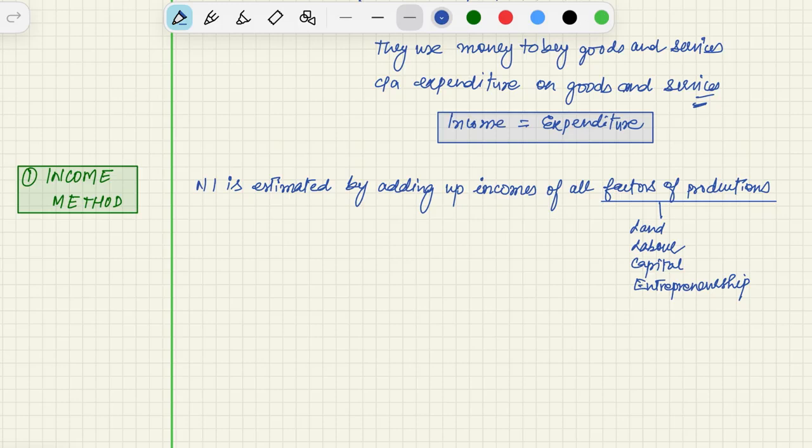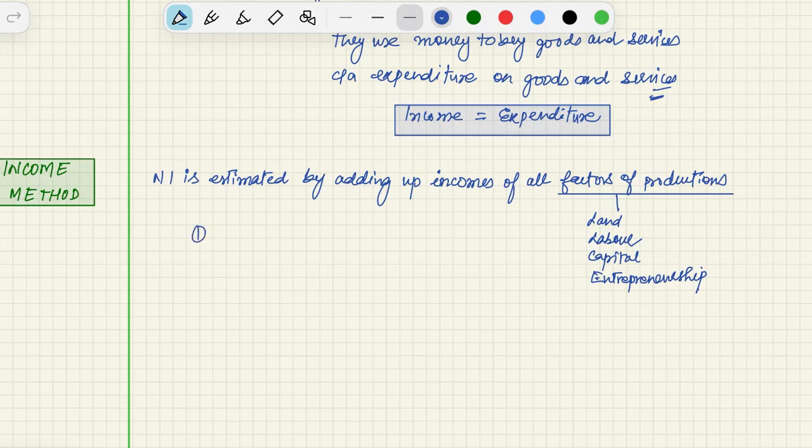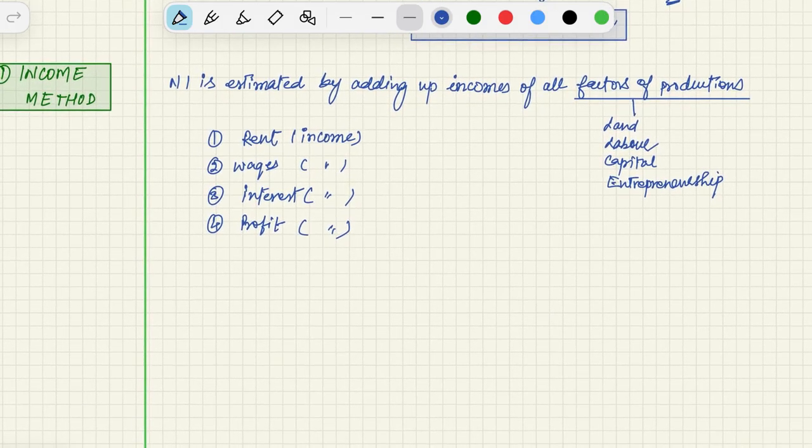Here we calculate rent, which is a kind of income. Similarly, we calculate wages, interest, and profit as well. They are also income. We also add mixed income.